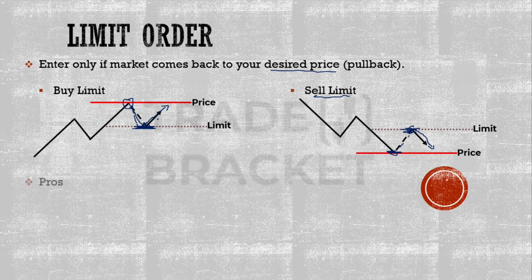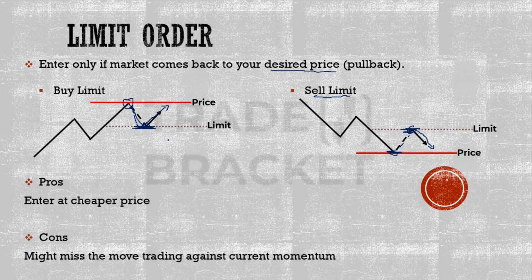All right, so let's talk about the pros. The pro, like I said, is you enter at a cheaper price. I've just explained that. Then the con: you might miss the move or trade against the current momentum. What that means is, let's say for this buy limit example, you think price will pull back first before continuing all the way up.